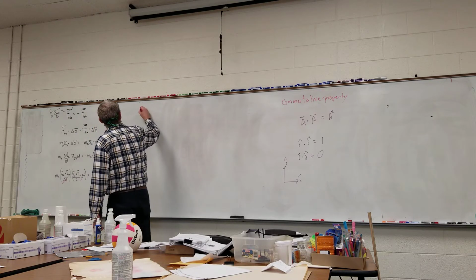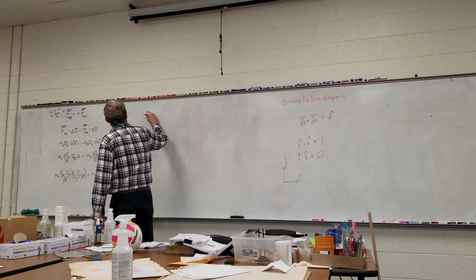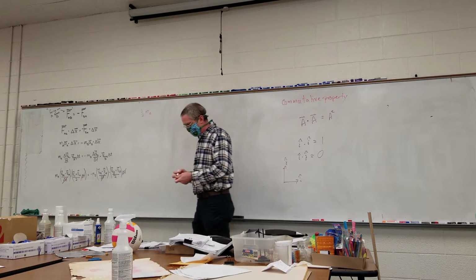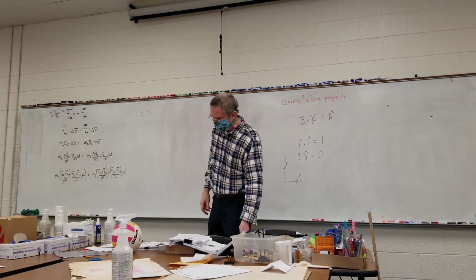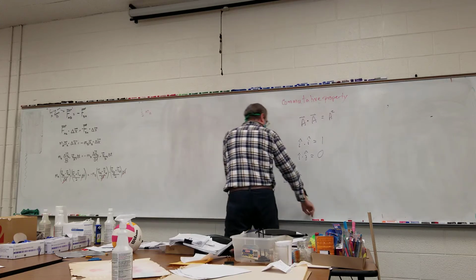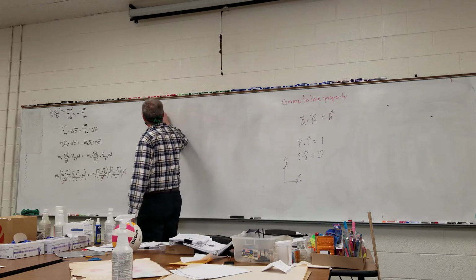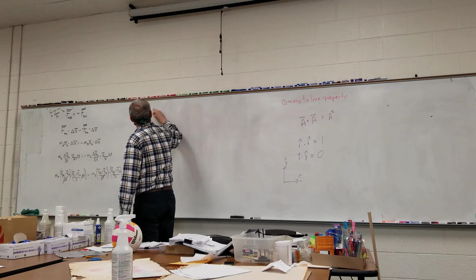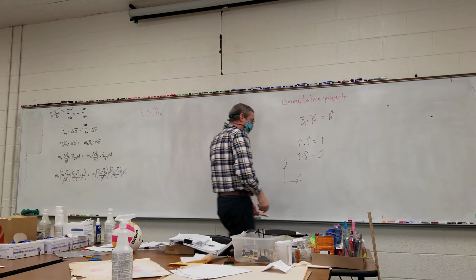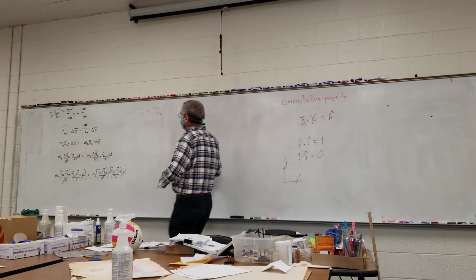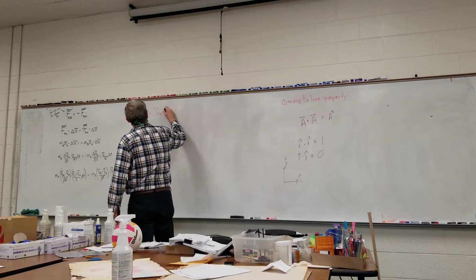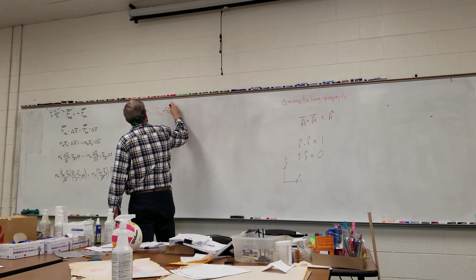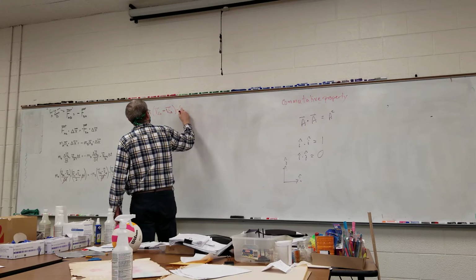And so I end up with 1/2 mass of object A times (VFA minus VIA) dot product (VFA plus VIA).